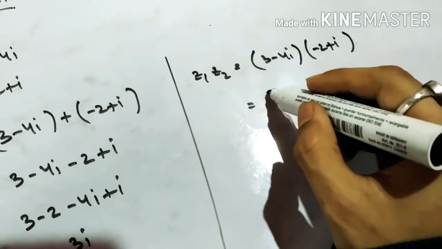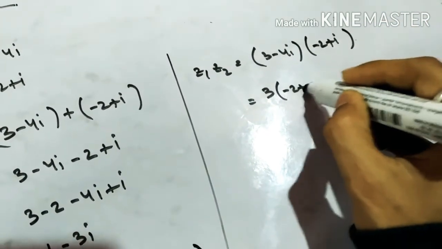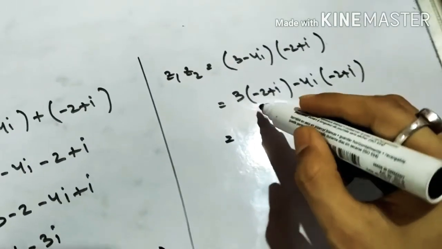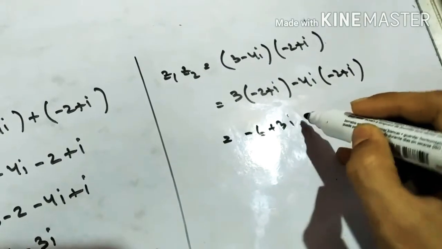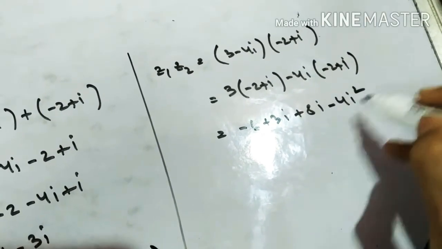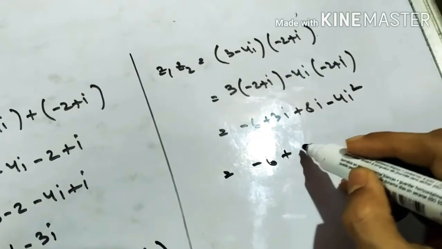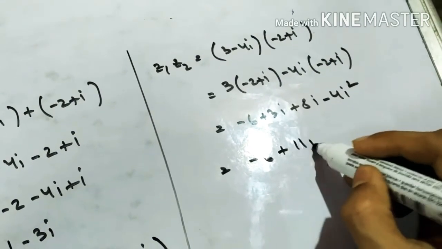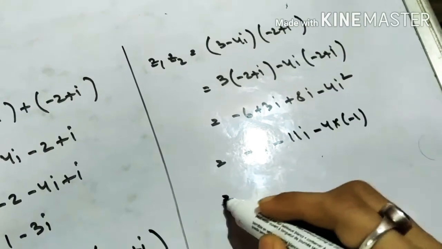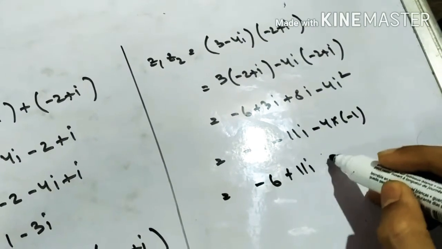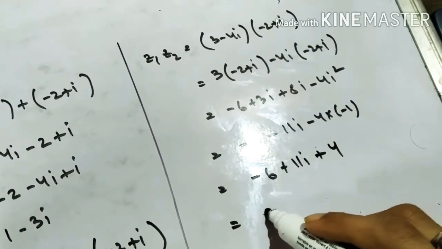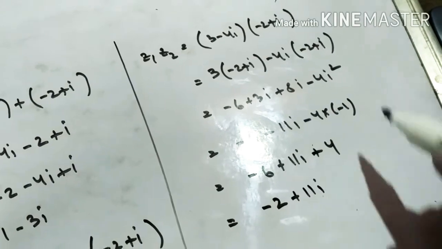So this will become 3 into minus 2 plus i, minus 4i into minus 2 plus i. So minus 6 plus 3i plus 8i minus 4i square. Minus 6 plus 11i minus 4 into minus 1, minus 6 plus 11i plus 4. So this will become minus 2 plus 11i.